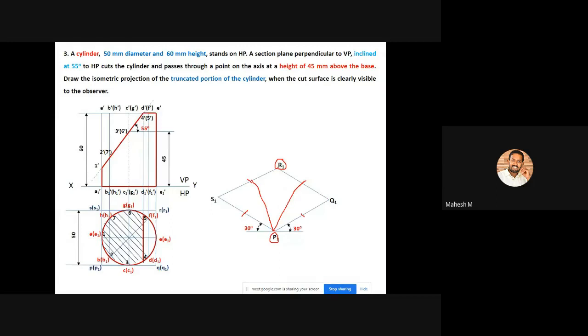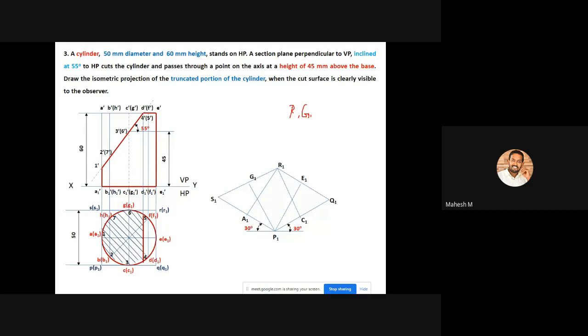Similar to that, point R can be connected with the two opposite centers like this. Okay, so P is connected to the two opposite centers and point R is connected to the two opposite centers.